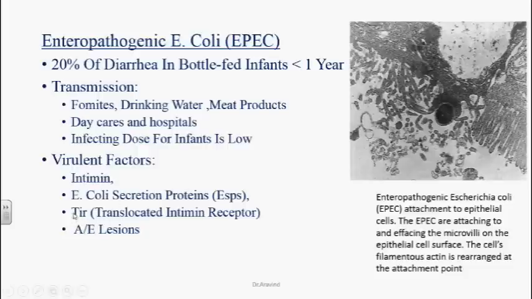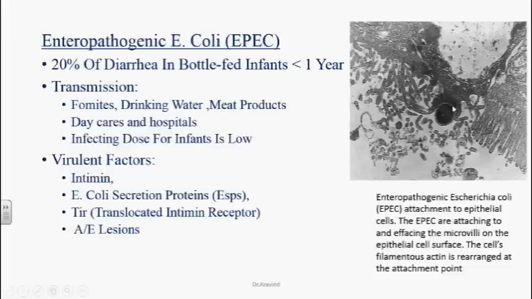So this receptor is injected into the host cell, where the intimin will go and attach, and after this attachment you can start to see attaching and effacing lesions. Here on the right side you can see the attaching and effacing lesion. This is the enterocyte, this is the microvilli.